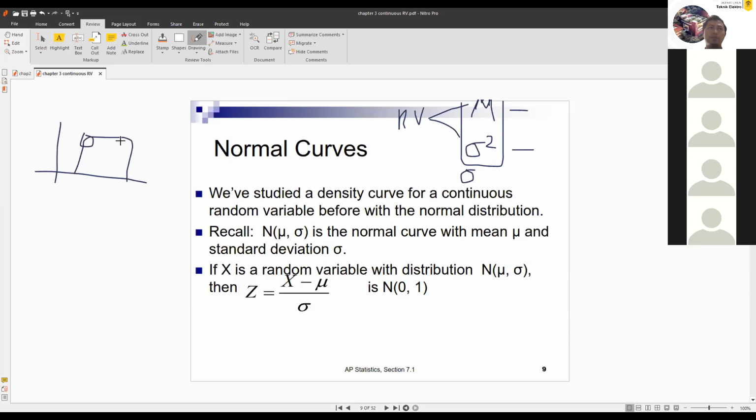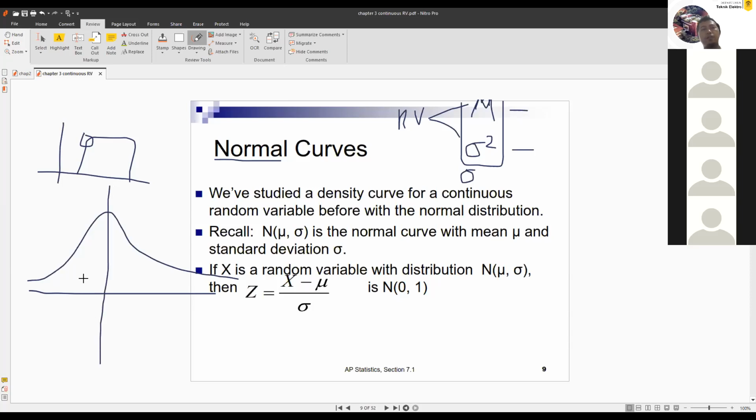This is the uniform probability for a given number. How about the normal? The normal also has a pattern like this. The shape is like this. It is symmetric between the left side and right side, the same size, and characterized by the mean and the variance.